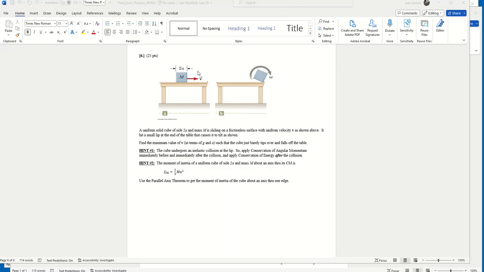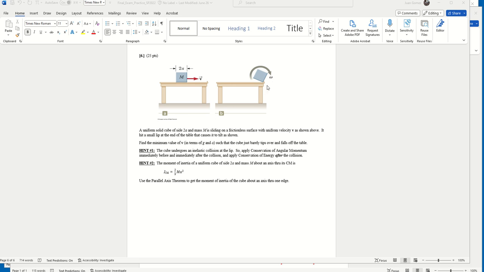Now, here's a problem that's off one of my old finals. And in fact, there's one on your final that's very similar. Here I have a uniform solid cube of sides 2a, meaning the width of each side is 2a, mass of m, and it's sliding along this frictionless surface. And there's a small lip at the edge of the table, so when the cube hits the lip, it begins to rotate.